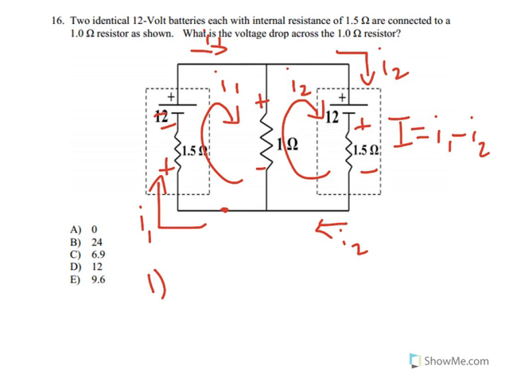Remember, the signs of our KVL expressions depend exactly on whether we go into a positive or negative, whether there's a voltage drop or increase. So if we're going into a positive, it'd be negative 1.5 I1. And then we hit the battery, we go into a negative, out of positive, so it'd be plus 12.